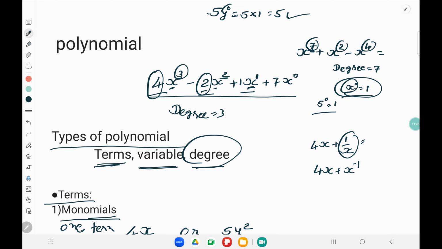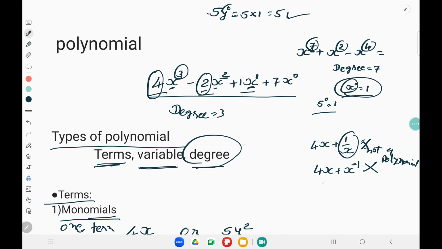We learned this in the laws of exponents. A negative power is not a whole number. Negative 1 is not a whole number. So if the power is not a whole number, then it is not a polynomial. So this is not a polynomial.